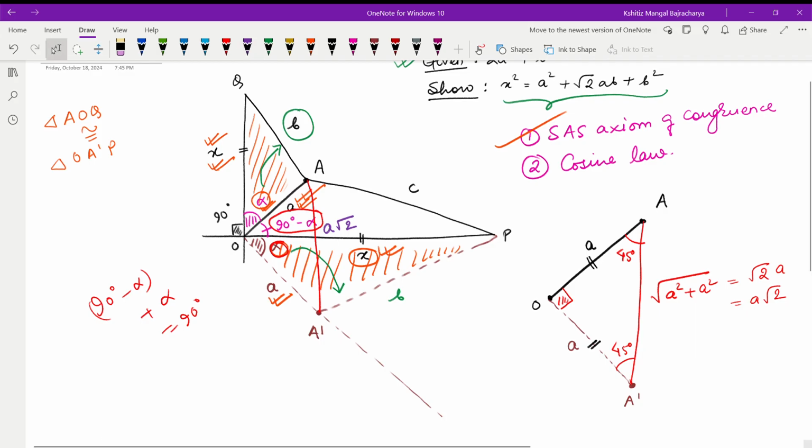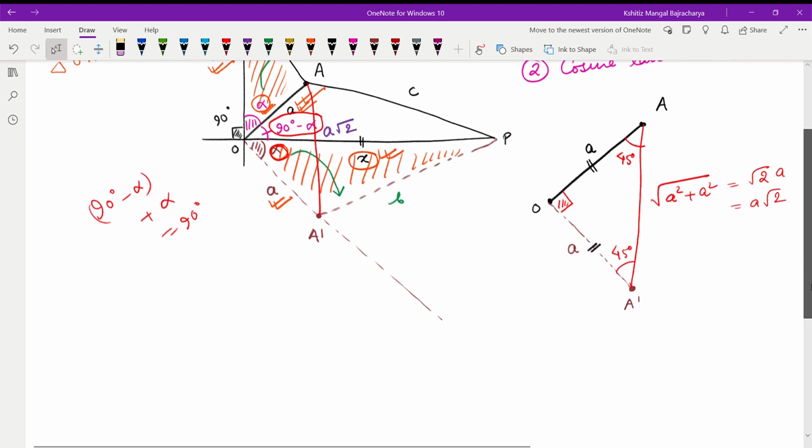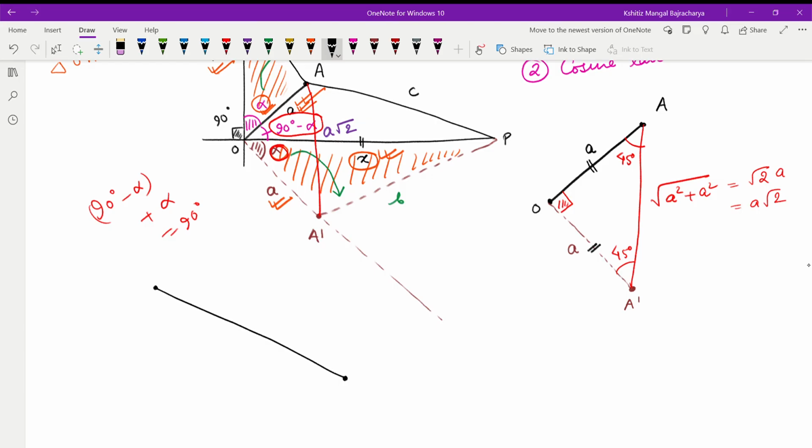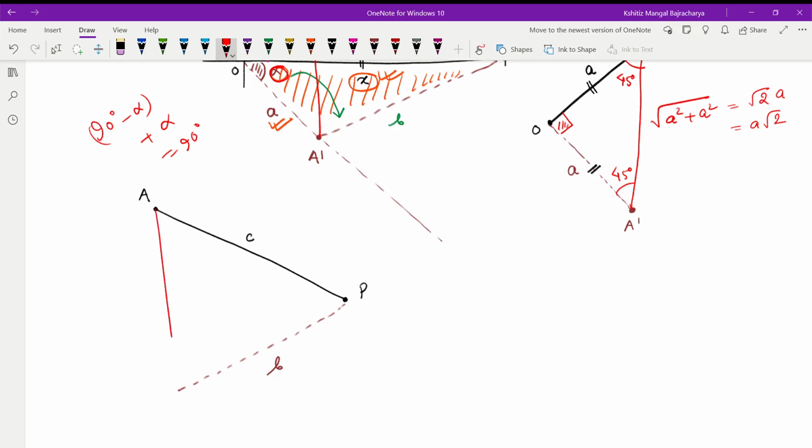Now let's focus on triangle AA dash P. Here's a, here's c, here's b, and here we have A dash P, a dotted line which is equal to b, and a red line connecting A and A dash.